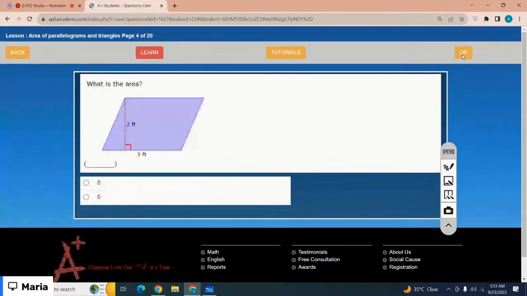Okay, what is the area? So which is the correct option? You have to do base times height, right? Then you have to do 3 times 2. So 3 times 2 is 6. So the correct option is 6, right?